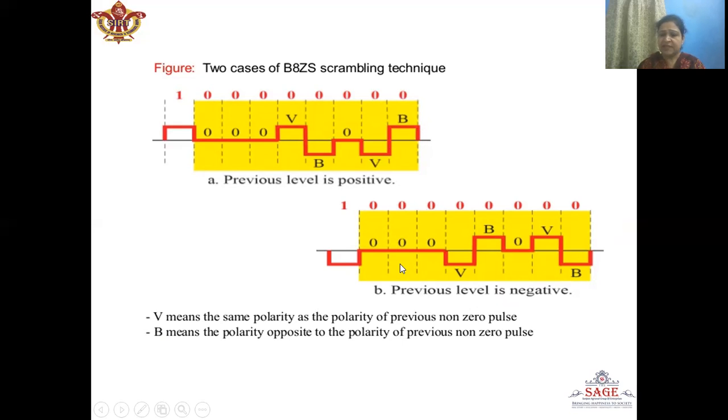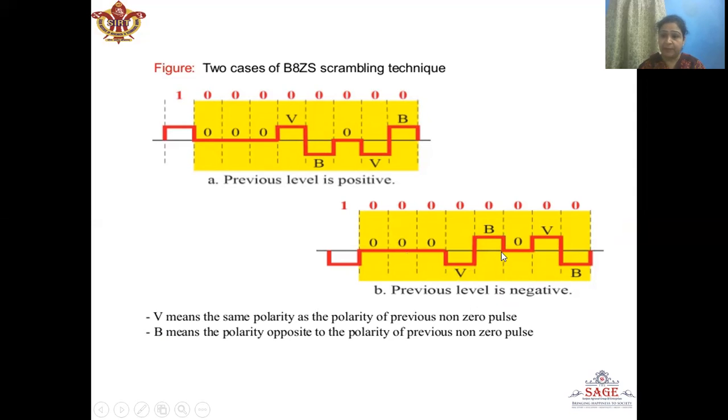Now, we will consider a second case when the previous level is negative. That means 1 is represented by negative voltage level. Again, the same pattern will be used for 8 consecutive zeros, 000V, B0VB. So 3 zeros will be represented by 0 voltage level. V means violation. Since the previous bit was negative voltage, the violation bit will also be negative voltage.